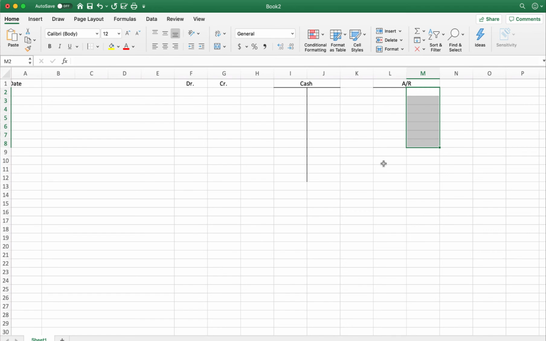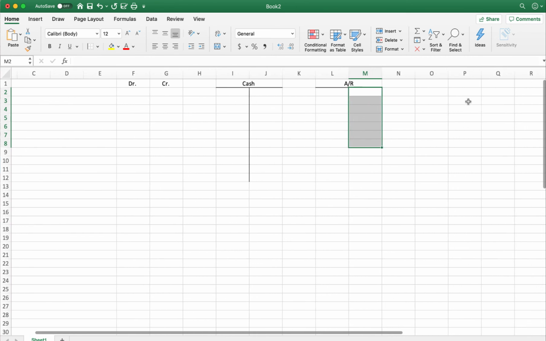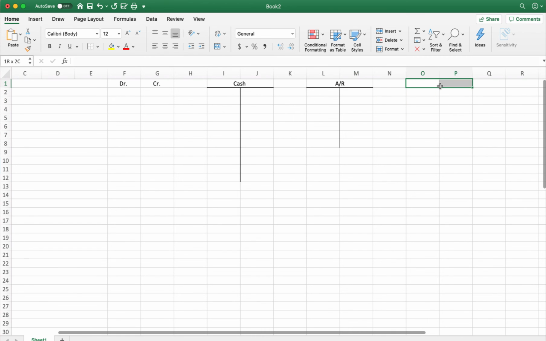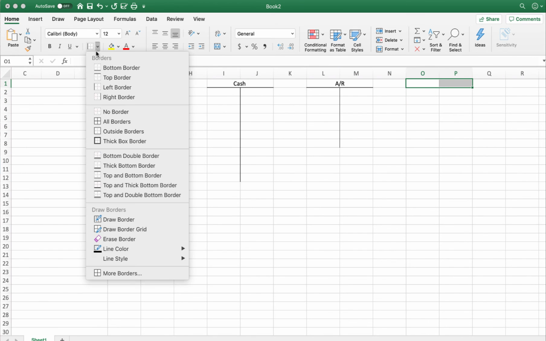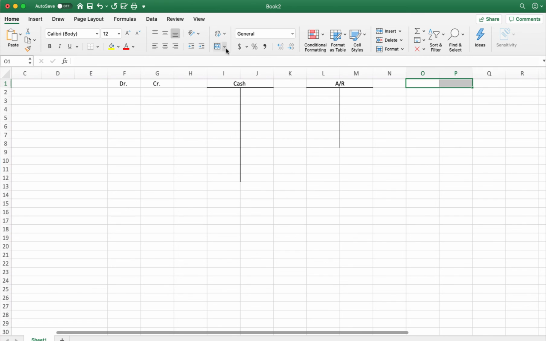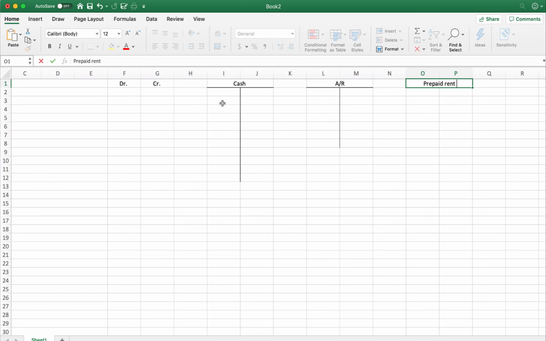Then we have prepaid rent and prepaid insurance. These are 2 separate accounts. So I'm going to scroll over. Again, get my single bottom border, merge and center. Prepaid rent.